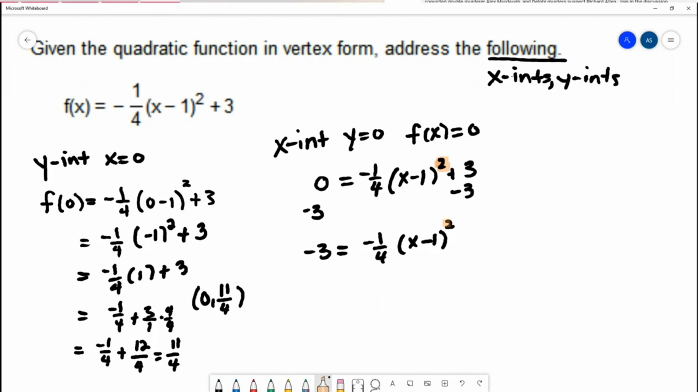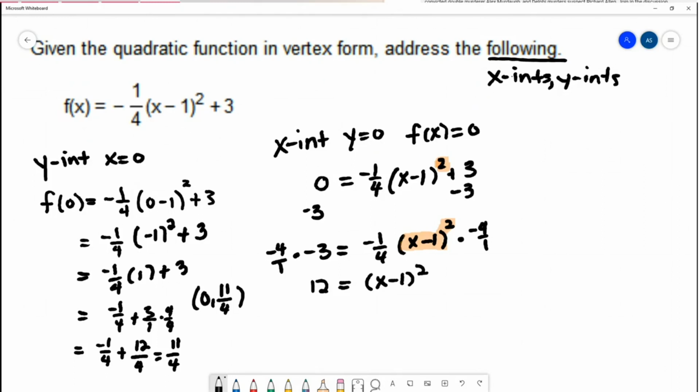I'm still trying to isolate this square and everything that it's attached to. I'll multiply by the reciprocal of negative 1/4, and that is negative 4 over 1. So negative 4 over 1 times negative 3, that's 12, equals (x minus 1) squared.